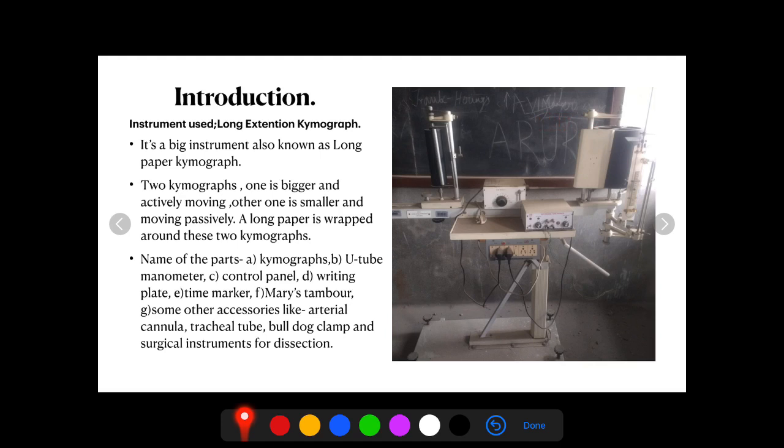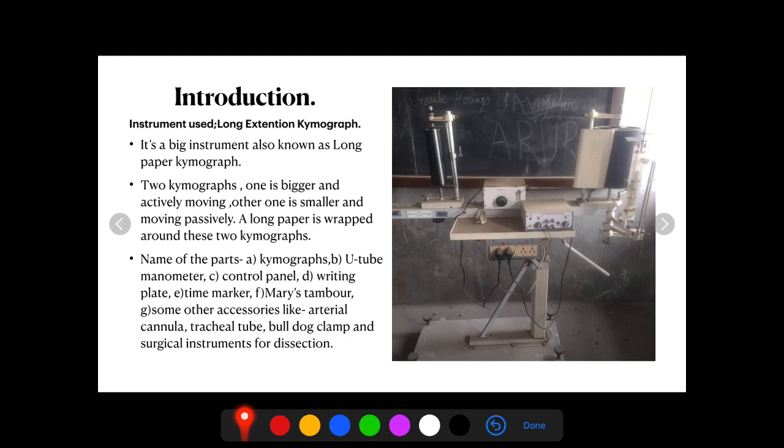Now, name of the parts. At first, the kymographs, these two kymographs. Then, U-tube manometer. This is attached with some suitable attachment. Next, control panel. This is control panel. Now, writing plate. This is writing plate.